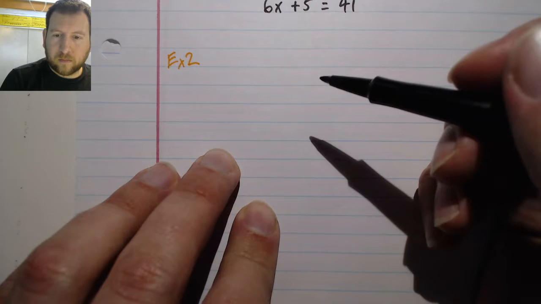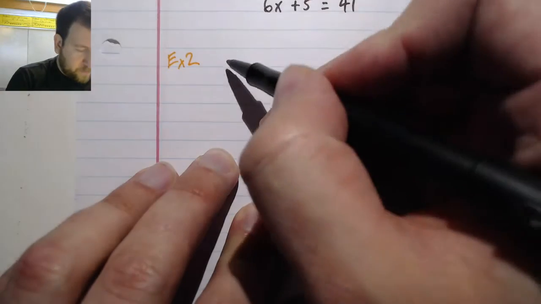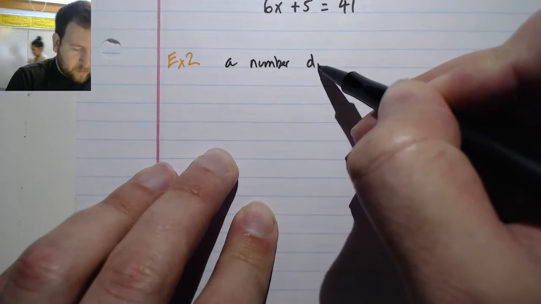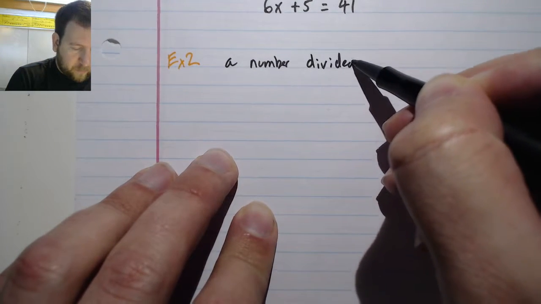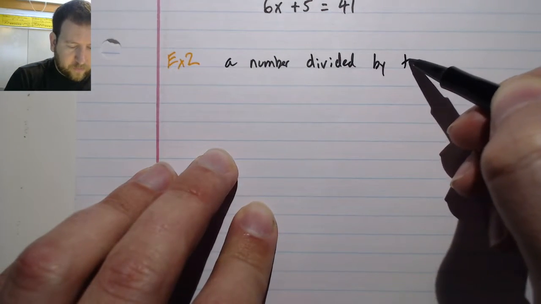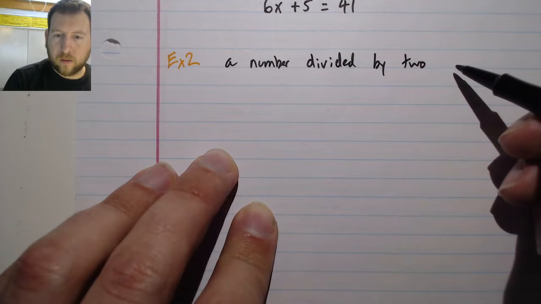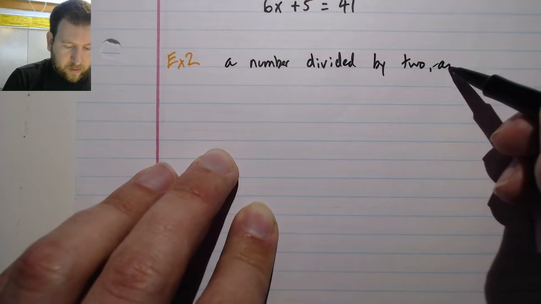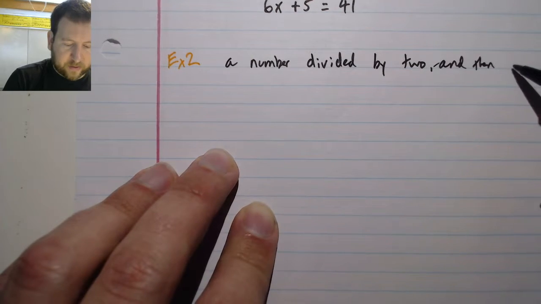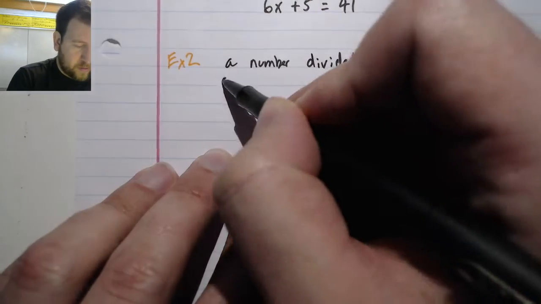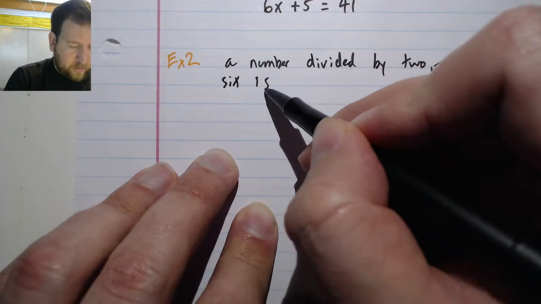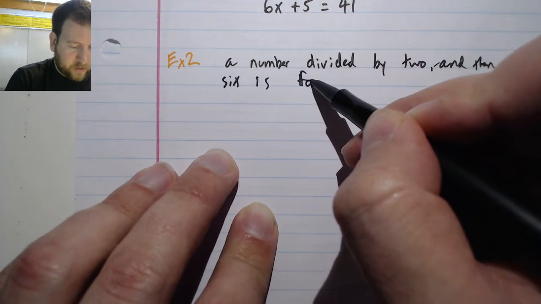A number divided by 2 and then added to 6 is 14.